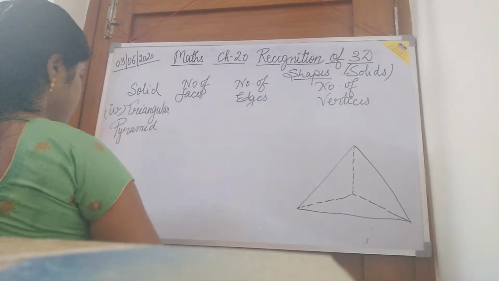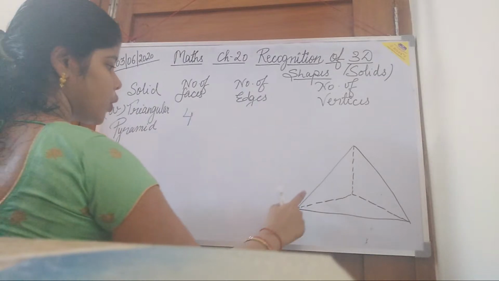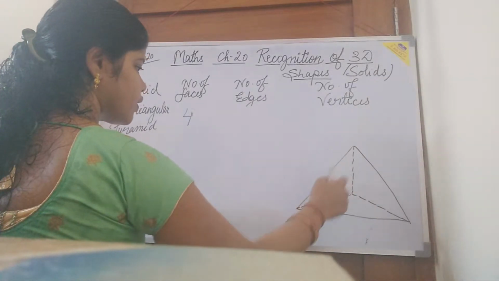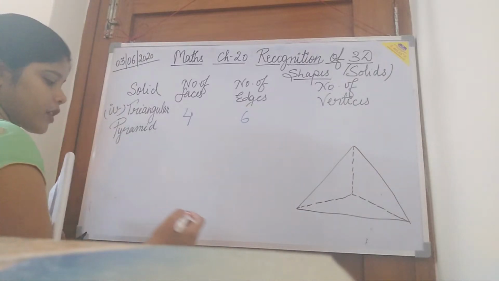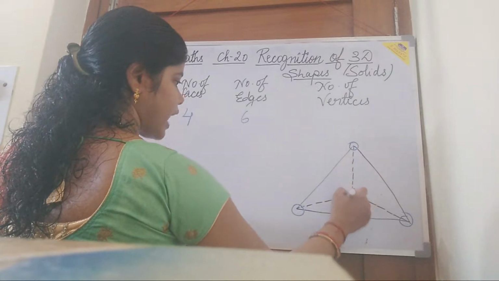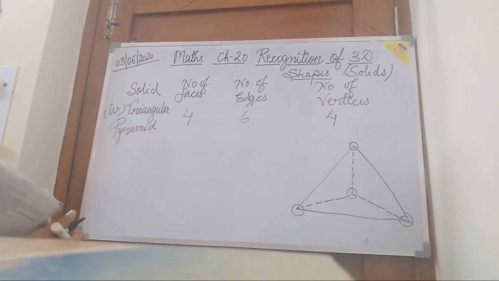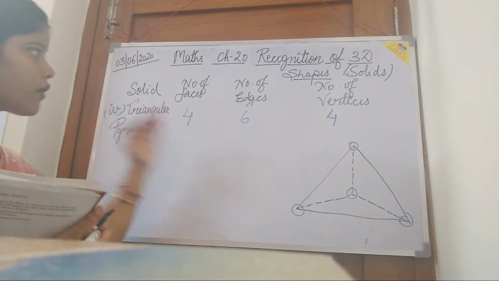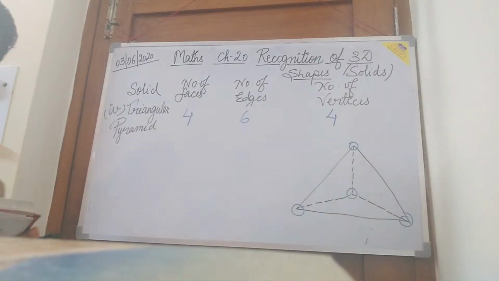So 4 faces, a triangular pyramid has 4 faces. Number of edges: 1, 2, 3, 4, 5, 6. So number of edges 6. Number of vertices, count it, 1, 2, 3 and 4. So number of vertices 4. This is how you are going to write the number of faces, number of edges, number of vertices.